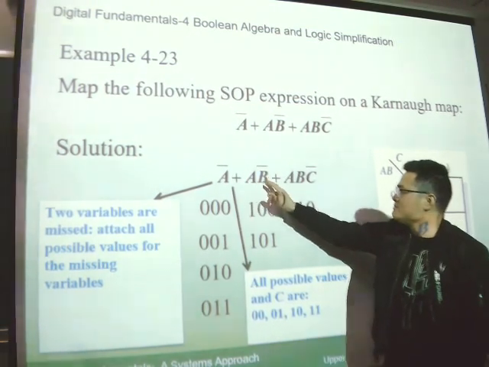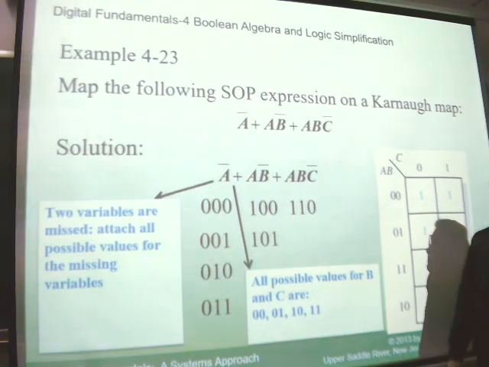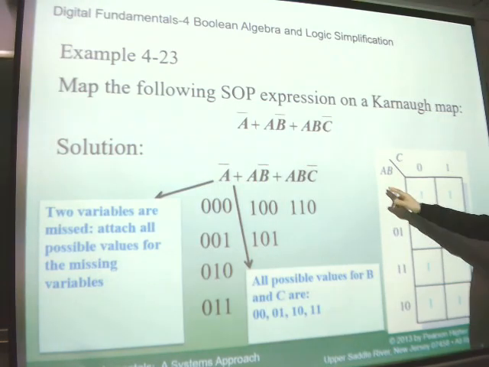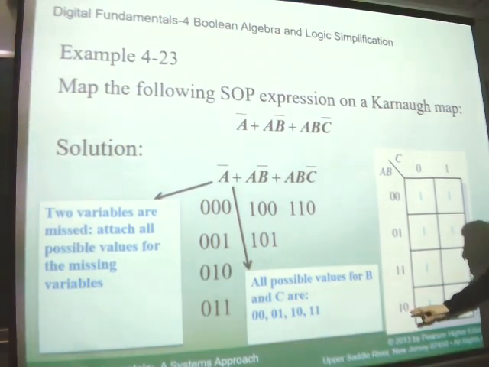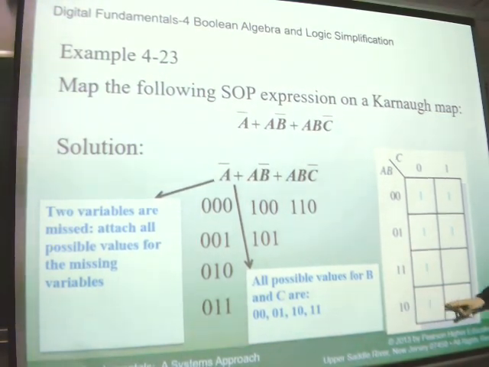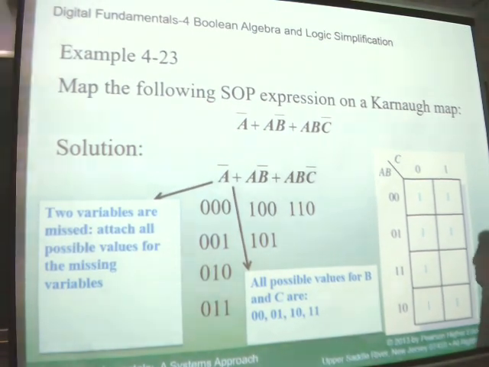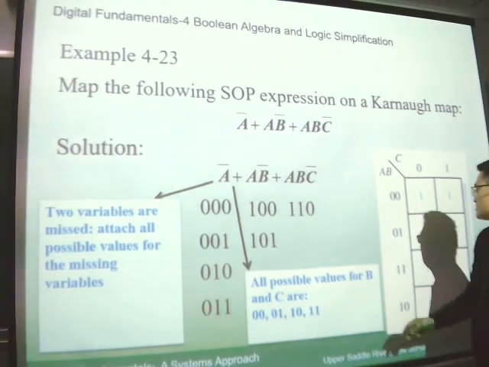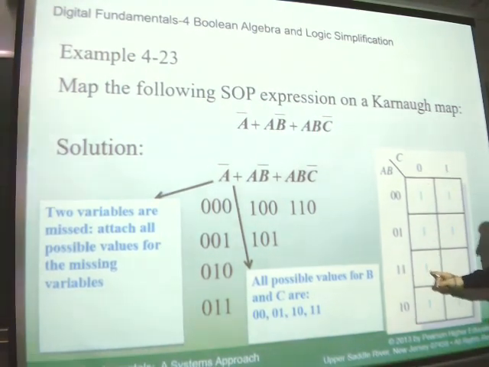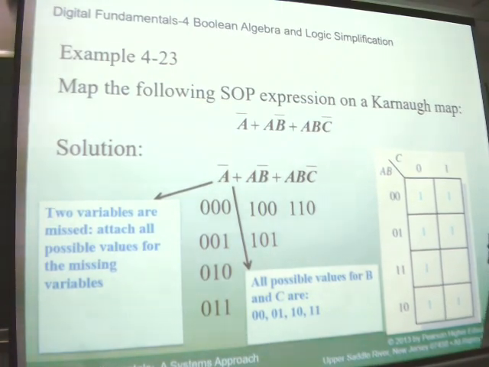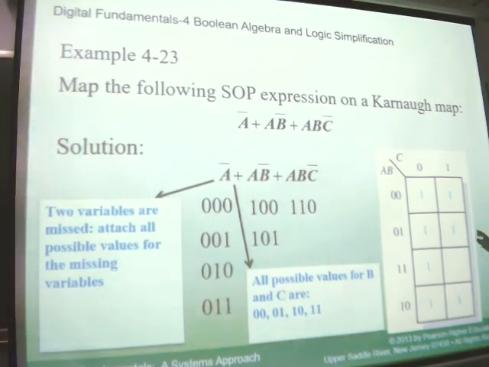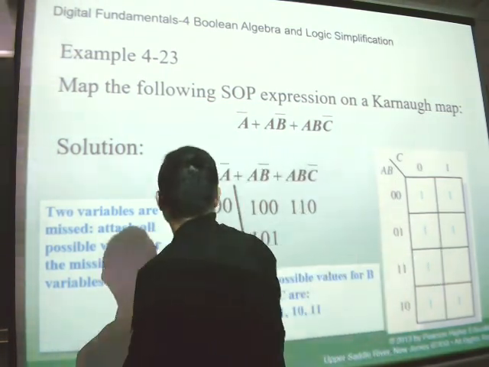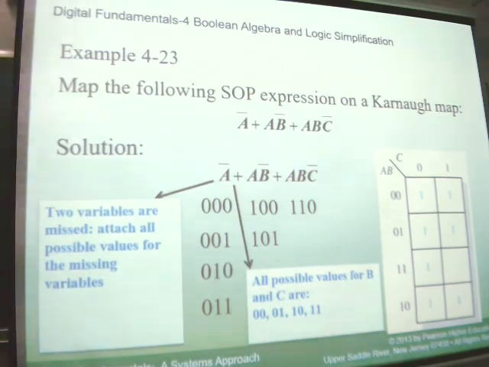And A B bar is equivalent to 10, so if A B bar is 10, then those cells are 1. And for this cell, A B C bar is 110, so this 110 equals 1. So that is the map of the expression.